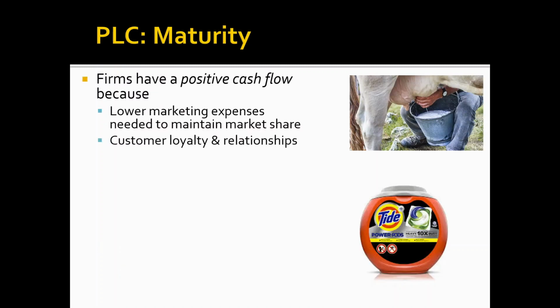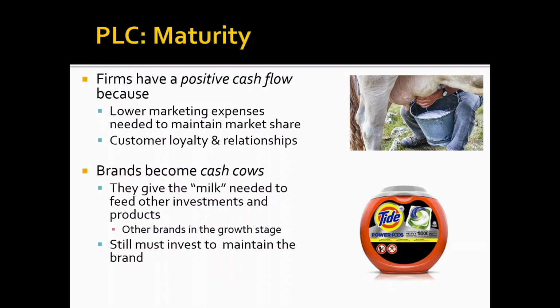During maturity, firms have a positive cash flow. They have a loyal customer base that they're able to retain and perhaps even grow a little bit if the market's growing, and they don't have to spend as much money on marketing. And they've had a lot of experience in manufacturing and promoting and delivering their products, so there's a good chance they've lowered their costs.